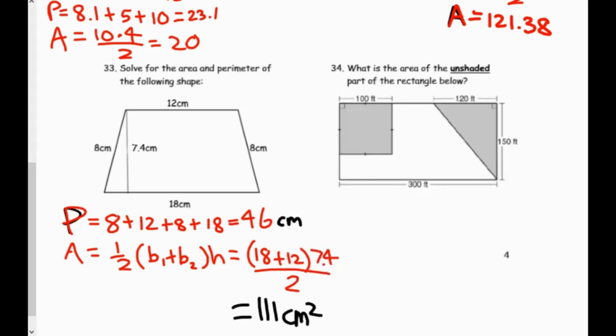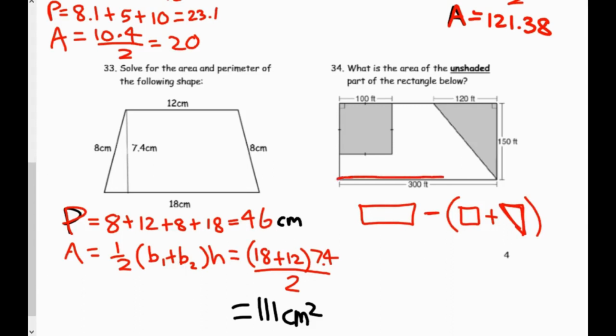What's the area of the unshaded part? Okay, so we're going to do the big rectangle, and then we're going to minus the square plus the triangle. Okay, so how do I find the area of a big rectangle?